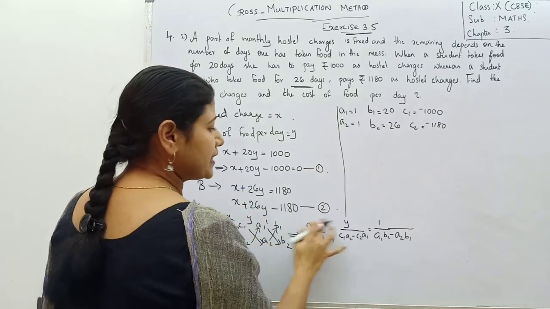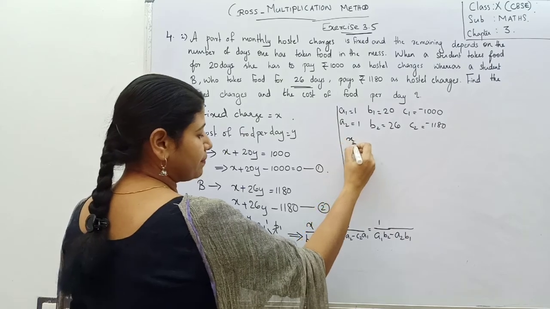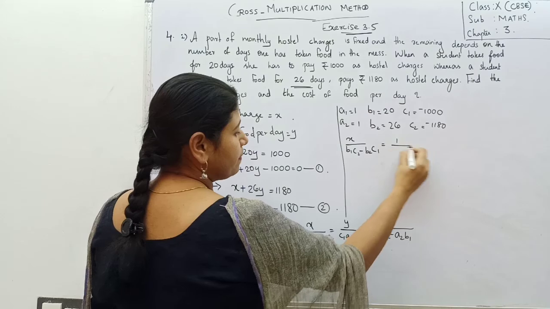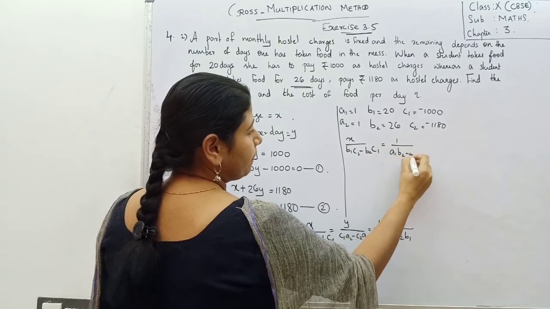First we are taking the first and the last ratio. You will get x by b1 c2 minus b2 c1 equal to 1 by a1 b2 minus a2 b1.